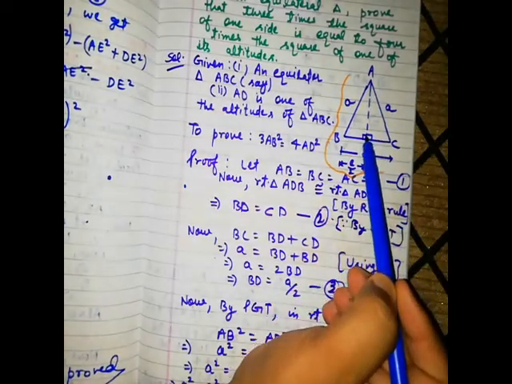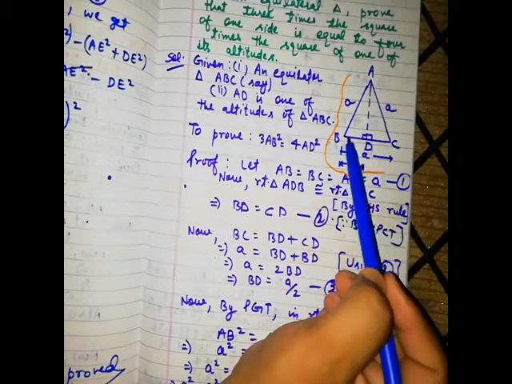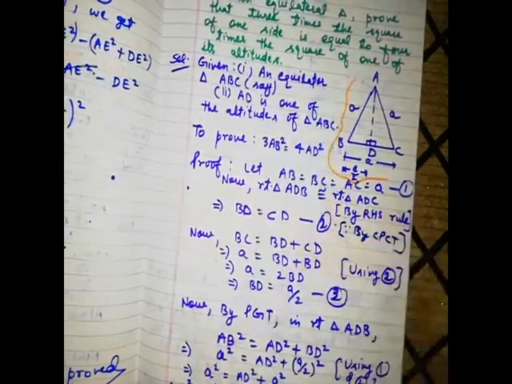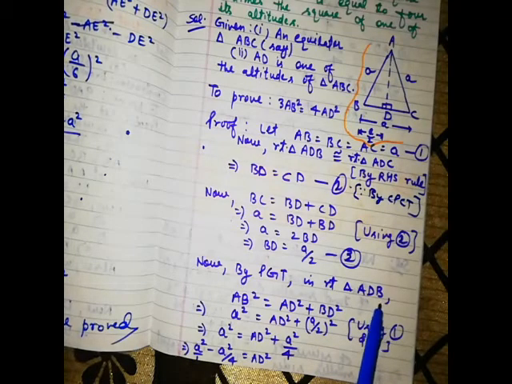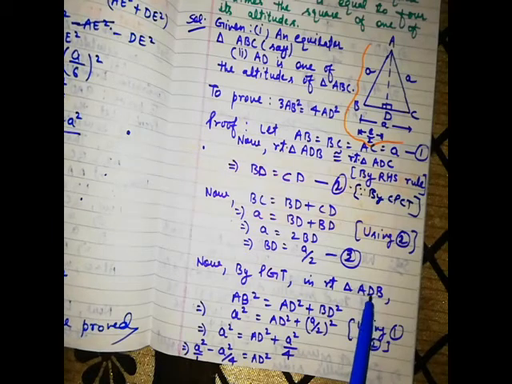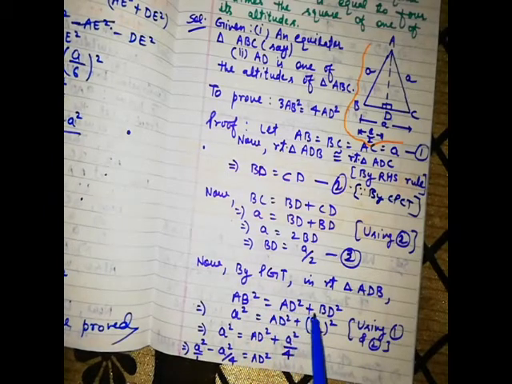We have to try to find this AD by Pythagoras theorem. We'll be using Pythagoras theorem in right triangle ADB. In this triangle we know two sides of it, and we don't know AD, and we'll try to find AD. So by Pythagoras theorem, hypotenuse square is equal to perpendicular square plus base square.